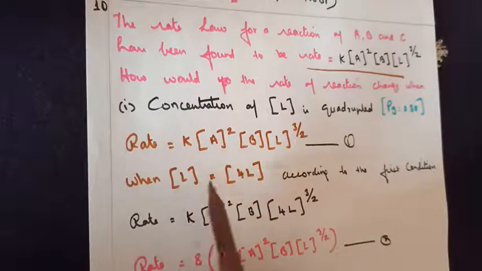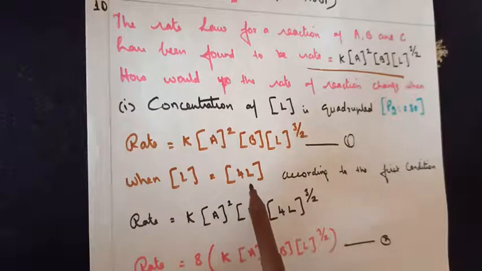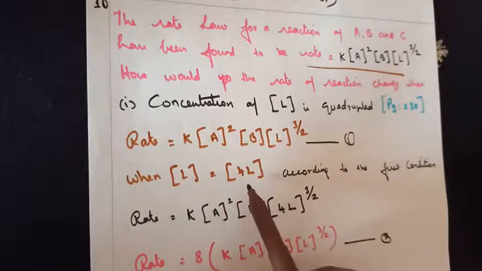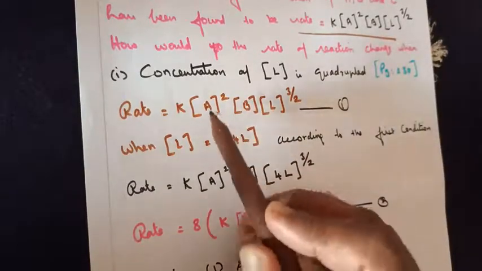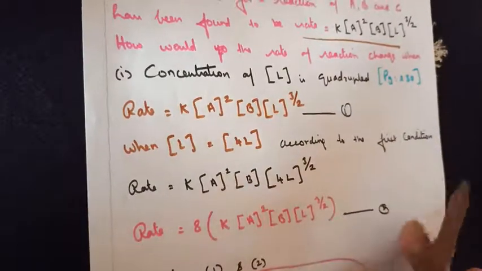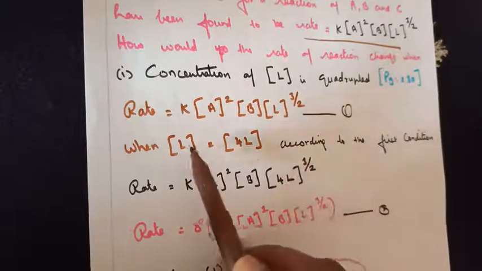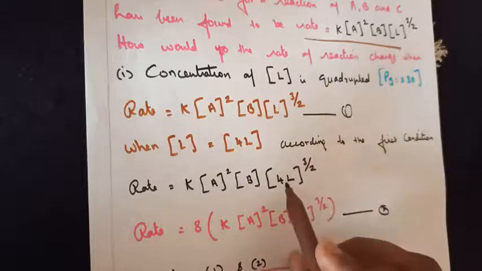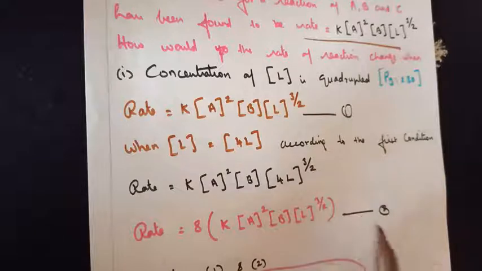So when L is quadrupled, it stands for 4 times L. So 4 into L. Substitute this value of L to be 4L in the same expression. So I'm rewriting it as K into concentration of A to the power 2, concentration of B, and instead of L we are substituting according to the statement, 4L, concentration of 4L to the power 3 by 2.